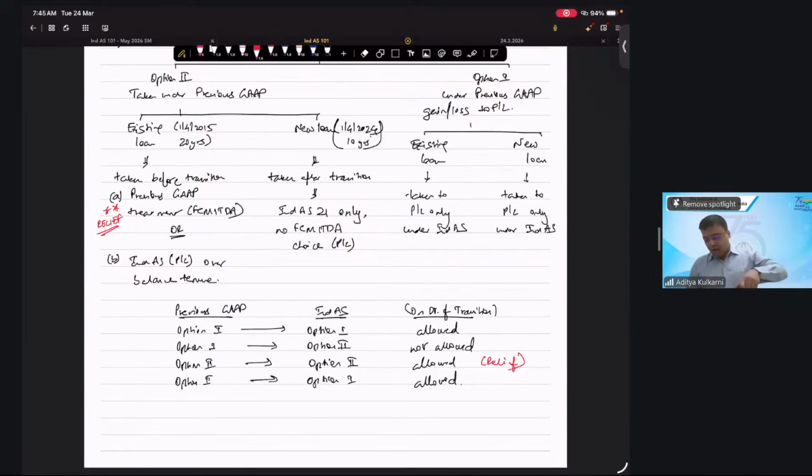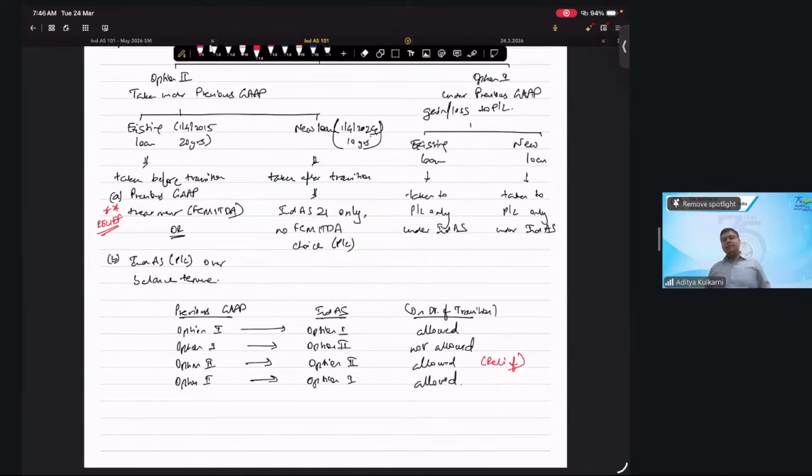Okay. Now, Ind AS came. And after Ind AS came, can they continue in that same flow that I will take it to FCMITDA or cost of asset? Can I do that? Yes, sir. It is allowed. And that is the relief which is given under Ind AS 101.